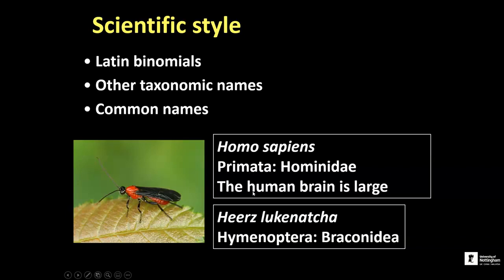But when you use the common name for the species, having said that there are no grey areas with this kind of stuff, there is one grey area, and that is, should you capitalize the common or vernacular name for the species, which in this example is human?